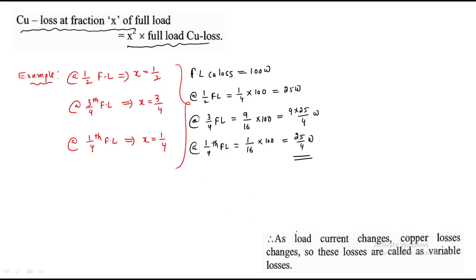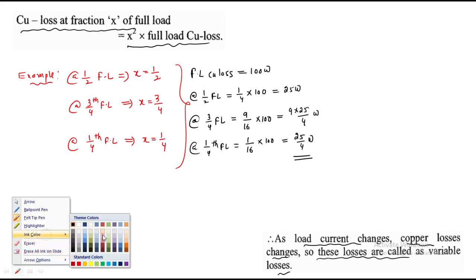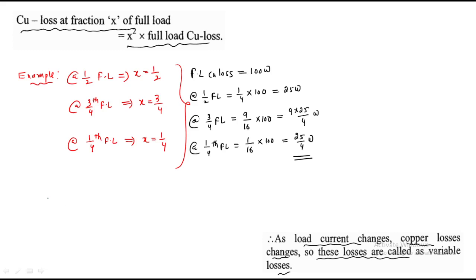So what is that meaning? As the load current changes, the copper losses change. These losses are called variable losses. This is a very important point. What is that point? Load changes, or you can write load current changes.